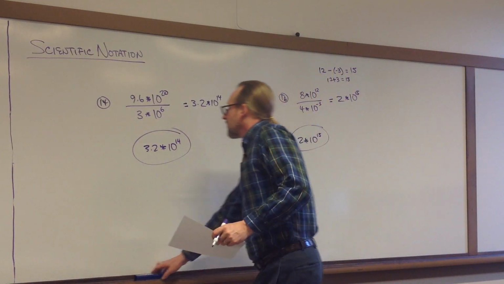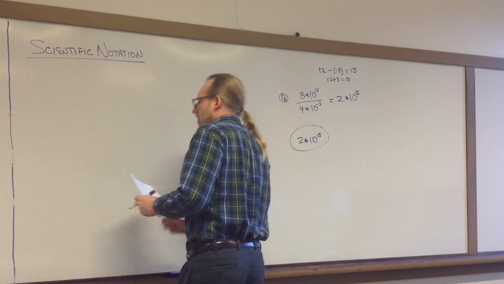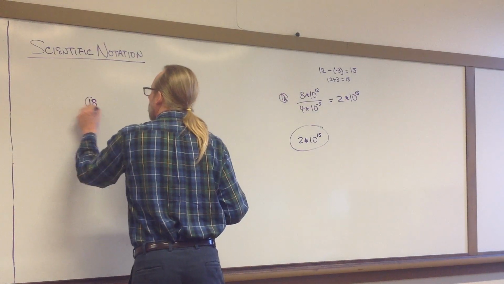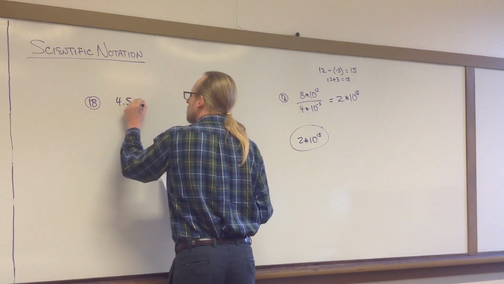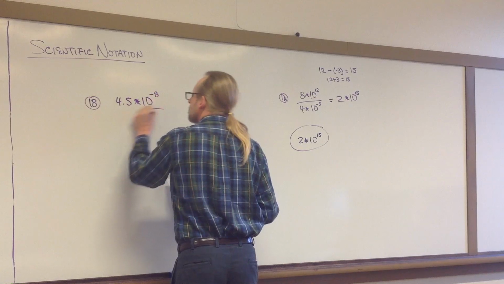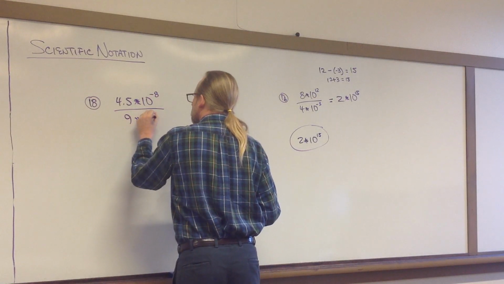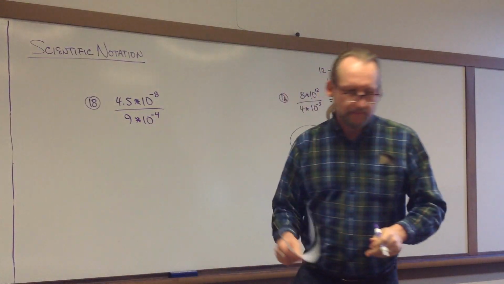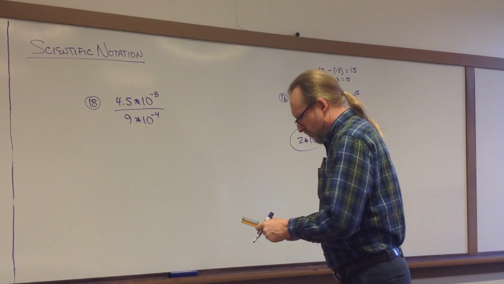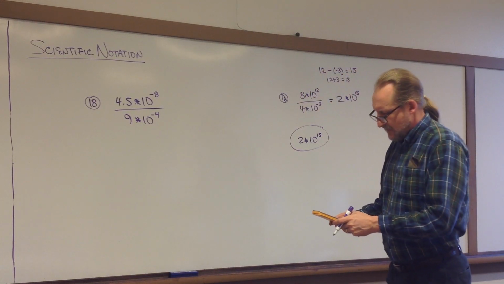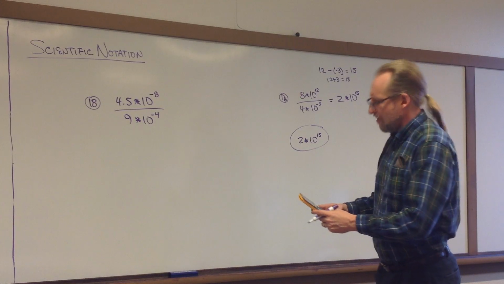Let's look at problem 18. 4.5 times 10 to the minus 8th over 9 times 10 to the minus fourth. All right, so first we'll do it on the calculator. 4.5 e minus 8 divided by 9 e minus 4.